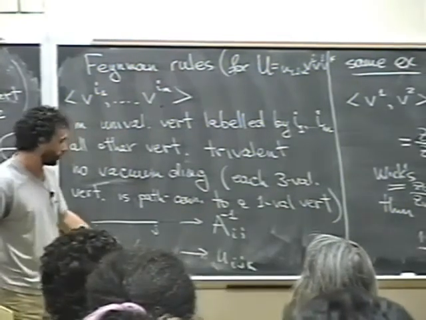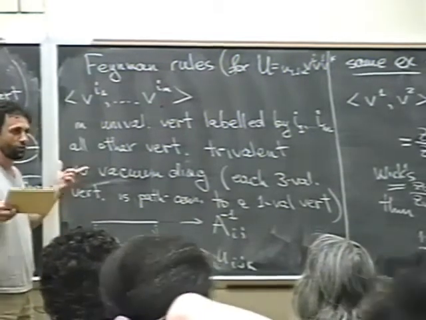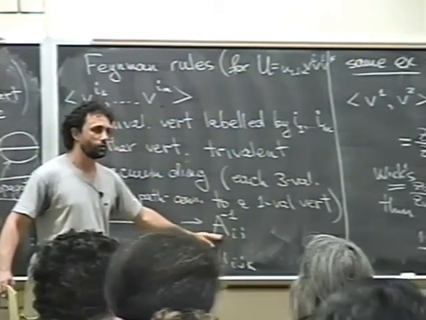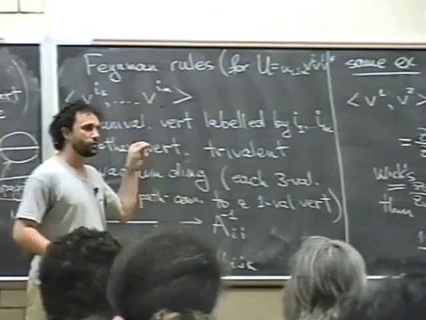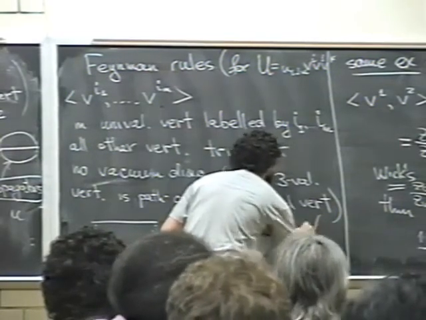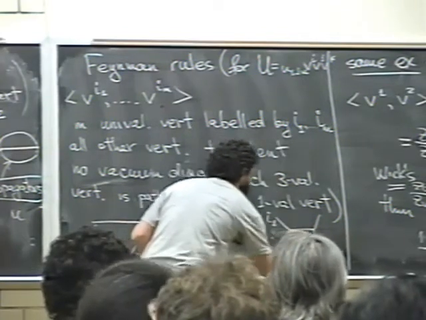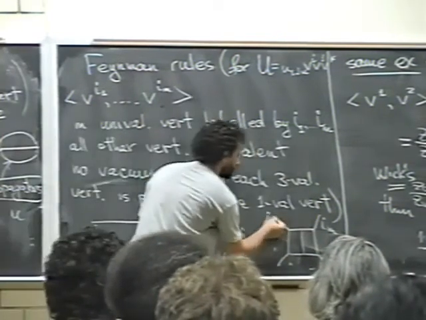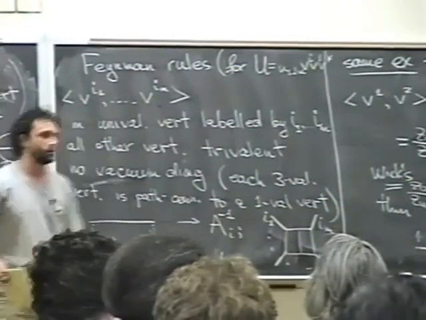They are univalent, so they don't contribute any factor of that sort, but they are endpoints of some of the m edges. So there will be m additional factors of A coming from the edges.